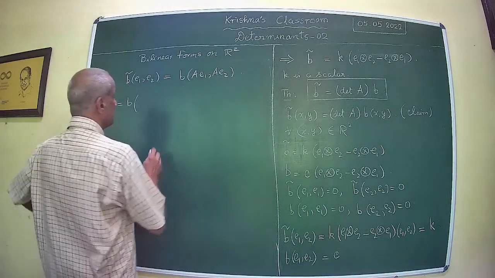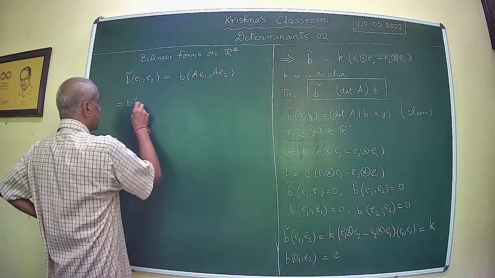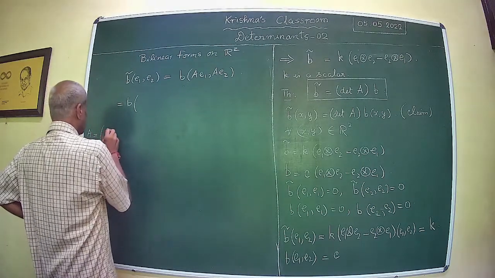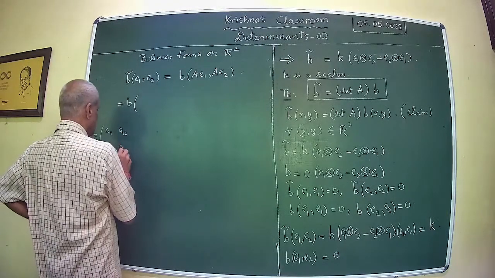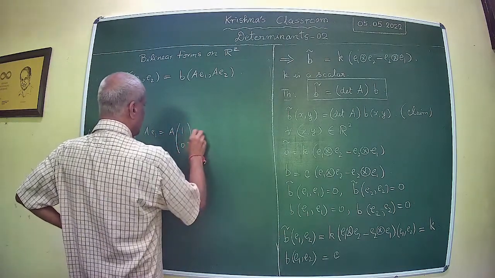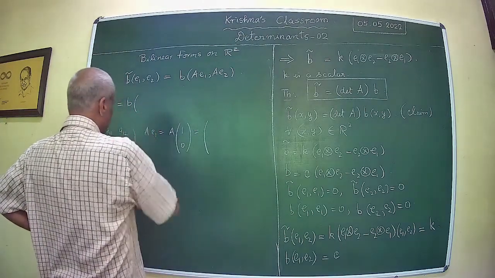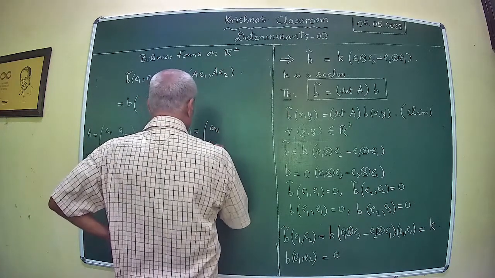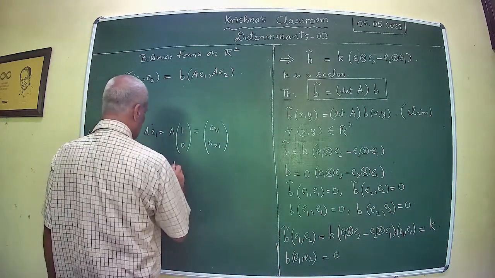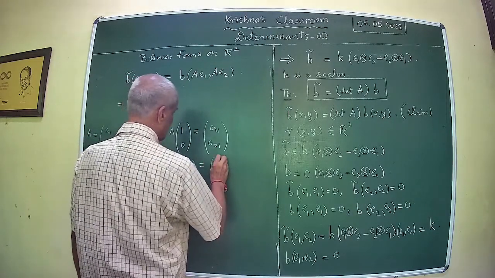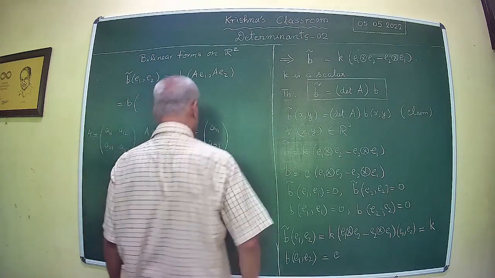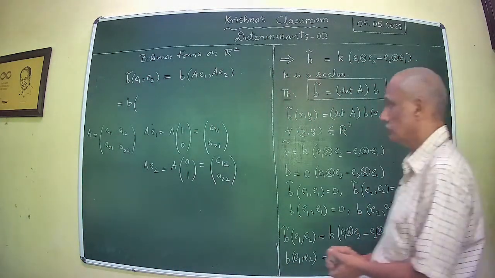AE1 is, see, A is equal to, therefore AE1, similarly AE2, this we know.